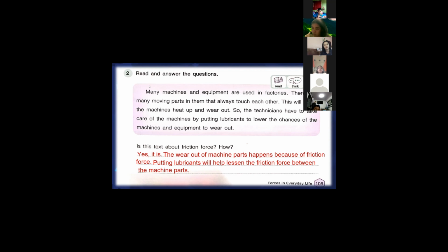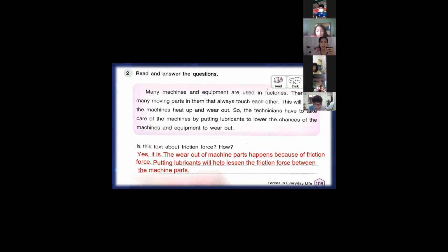Another example of friction, class, is writing in your book. There is friction between the point of your pen and the surface of your book, the paper. The ballpoint and then the book.